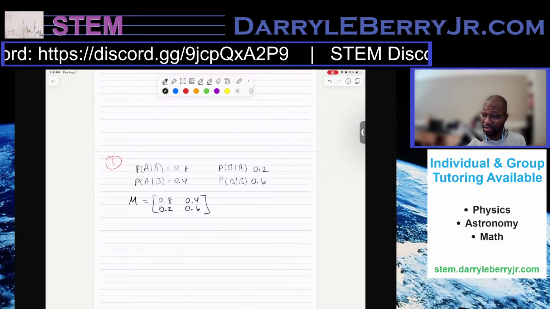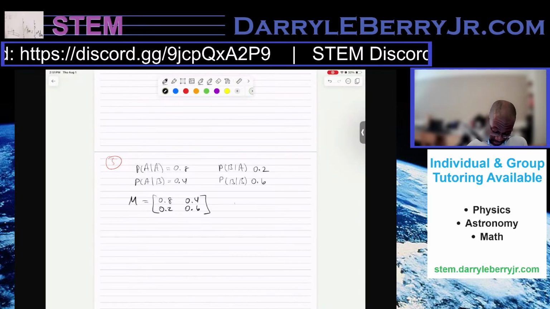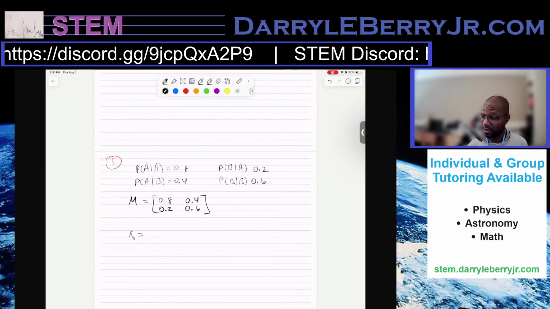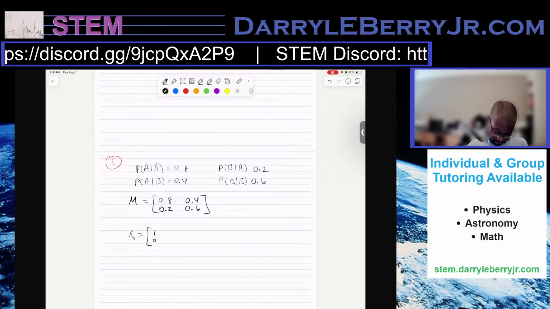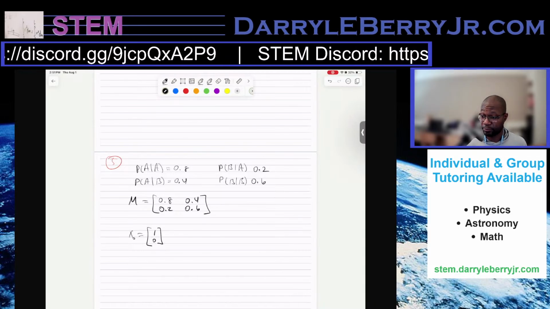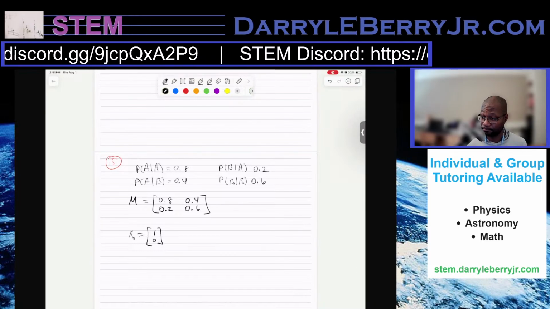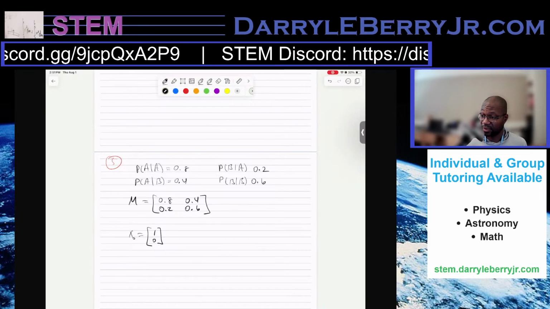So it says, suppose initially the particle is in state A, given by the initial state equals (1, 0). What is the probability that it will be in state A after 1 second? And what about state B?